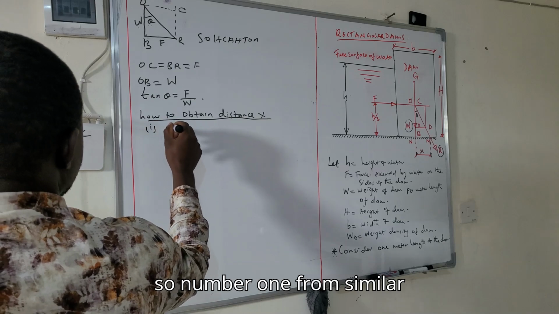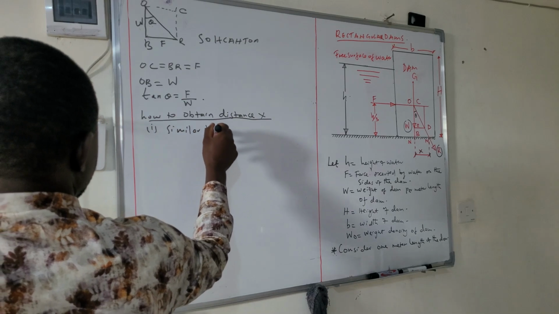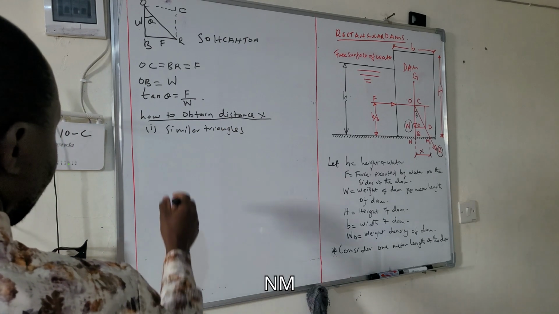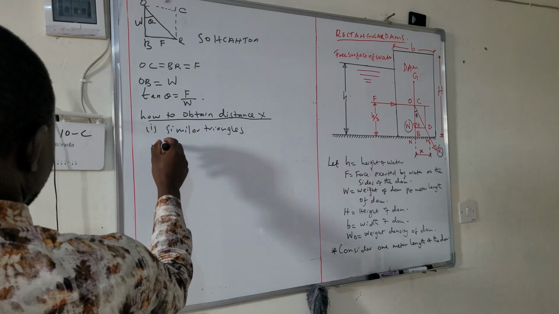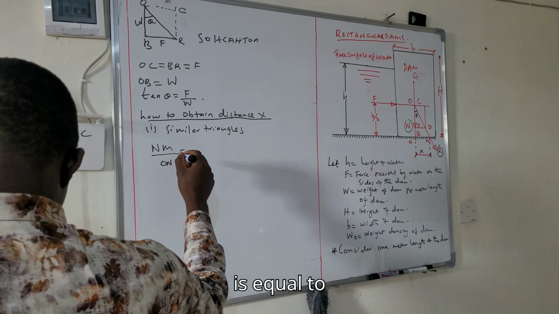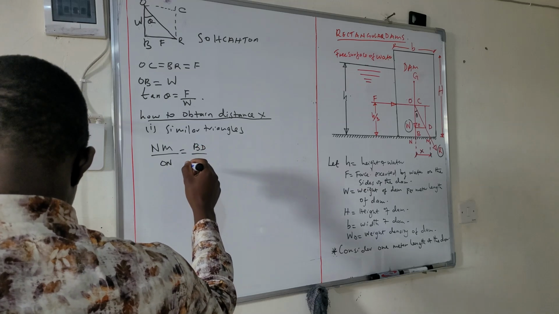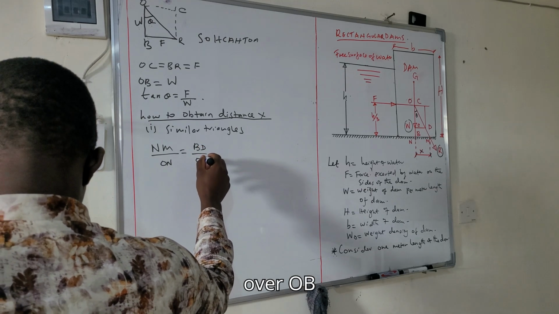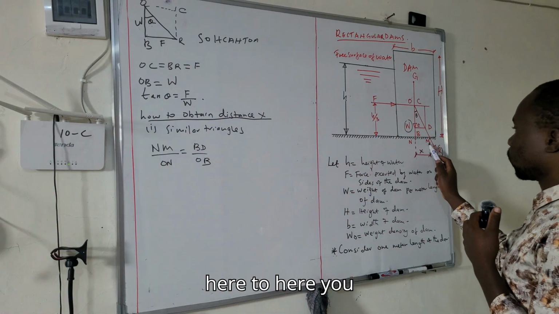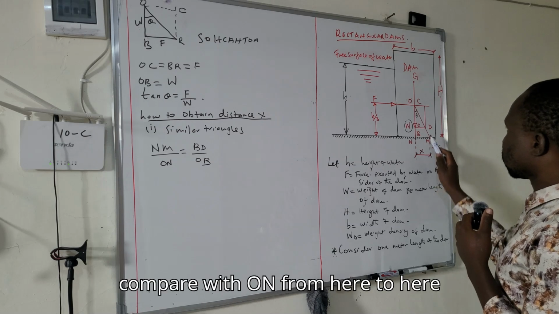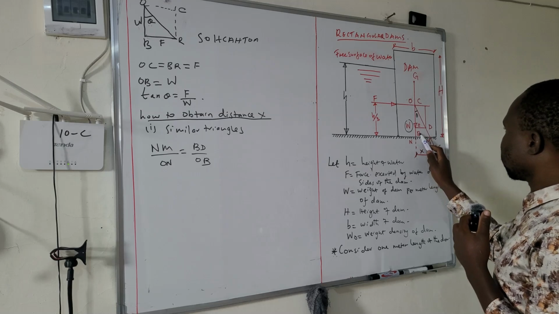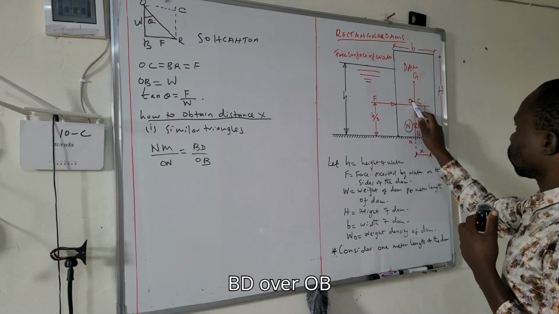Number one, from similar triangles, NM over ON is equal to BD over OB. So NM is from here to here. You compare with ON, from here to here, is equal to BD over OB.